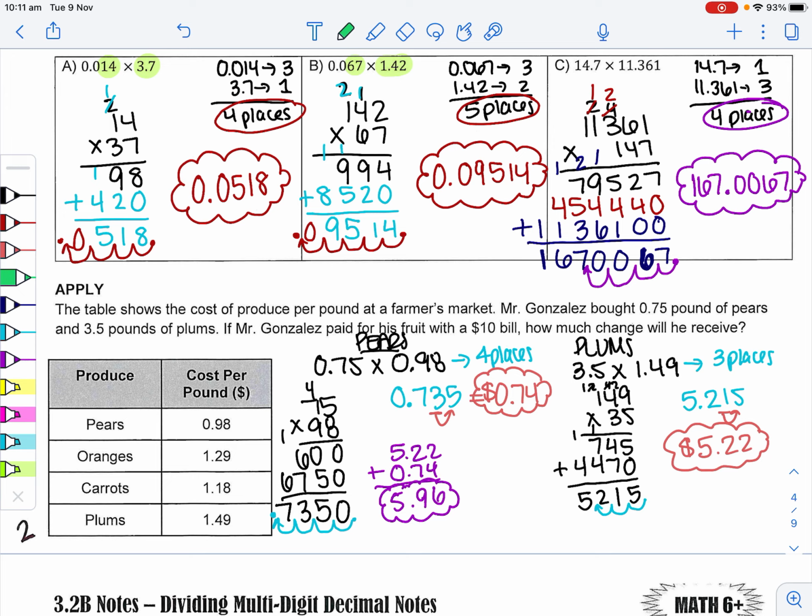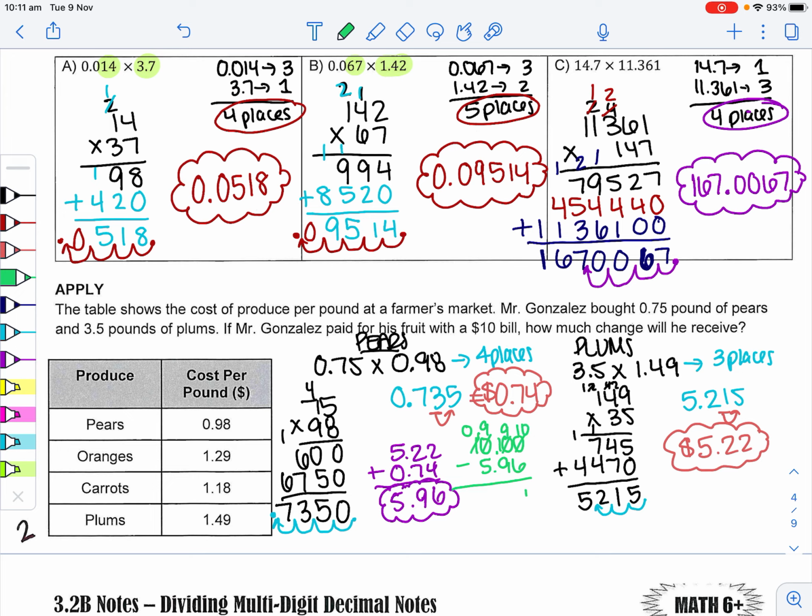And then the last thing I have to do to figure out how much change he will get, I have to do 10 minus what he paid for the fruit. So $10 is going to be 10.00 minus 5.96. So 0 and 10, this becomes a 9, this becomes a 9, and this becomes a 10.